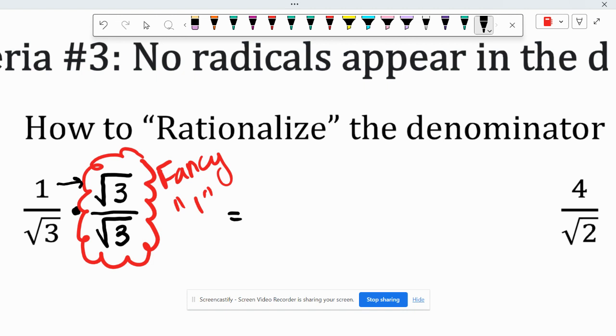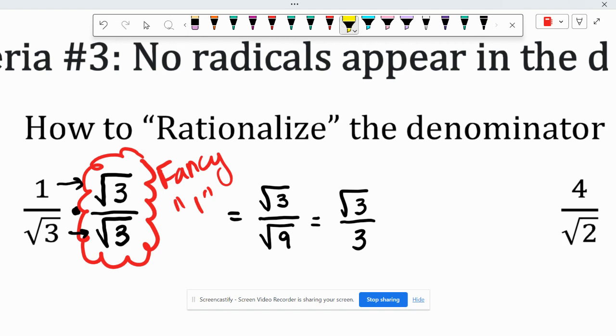We multiply fractions straight across. So what is 1 times the square root of 3? Well, it's the square root of 3. What is the square root of 3 times the square root of 3? Well, it's the square root of 9, because we just break it up as a product. And what is the square root of 9? It's 3.